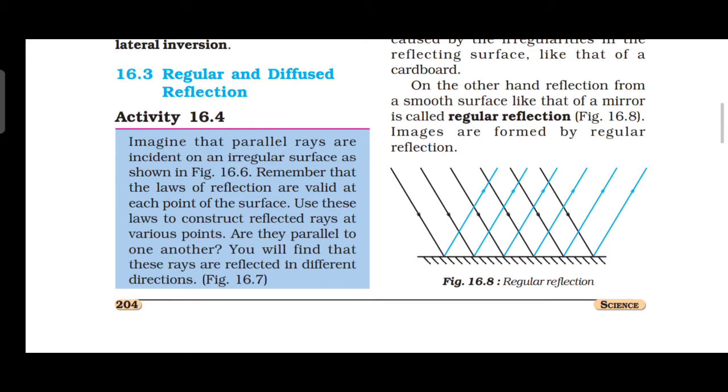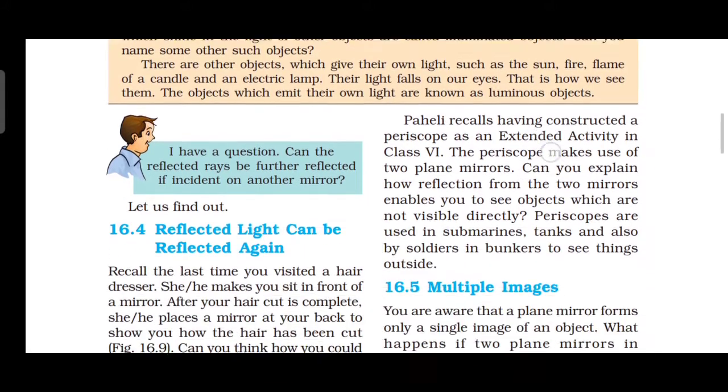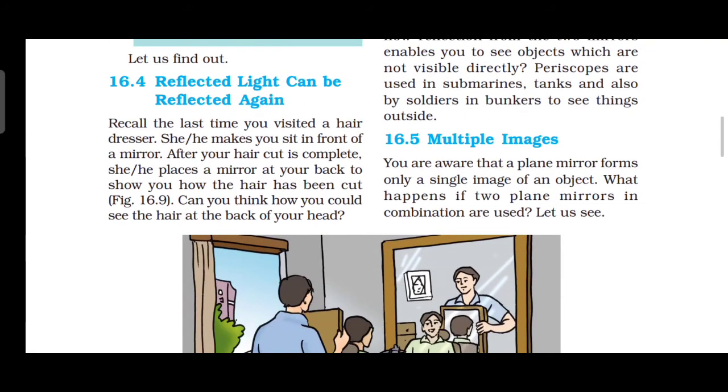Can you all understand the difference, ma'am? Then reflected light can be reflected again. For that, here there is a best example. Okay. If you are going to a shop for cutting your hair, what happens?